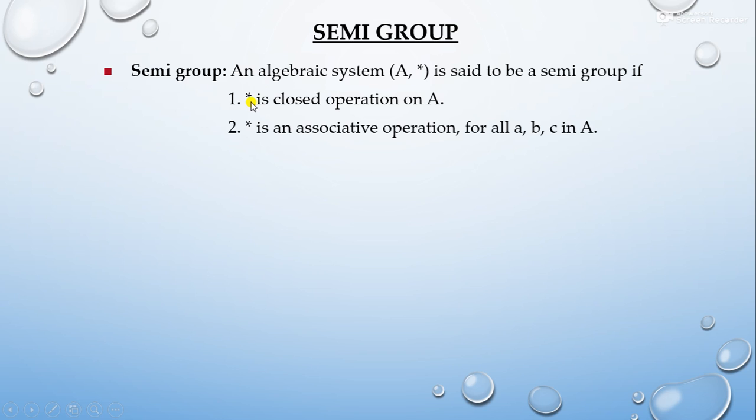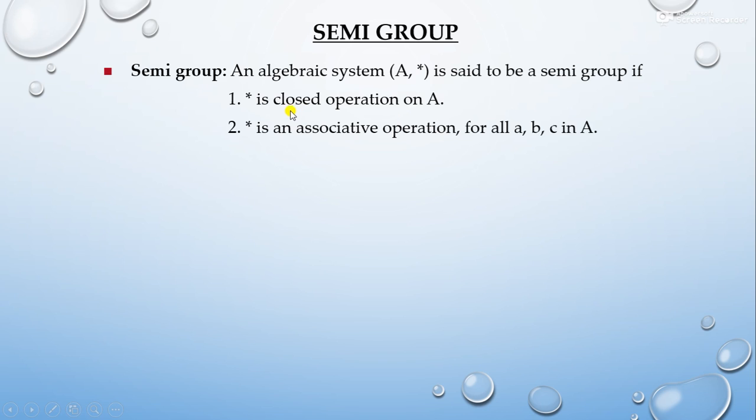First, this binary operation is a closed operation on set A, and second, this binary operation is an associative operation for all a, b, c in A. In the earlier slide I told you all the properties of a group: commutative, associative, identity and inverse. So a semi-group is one which has only these two properties.